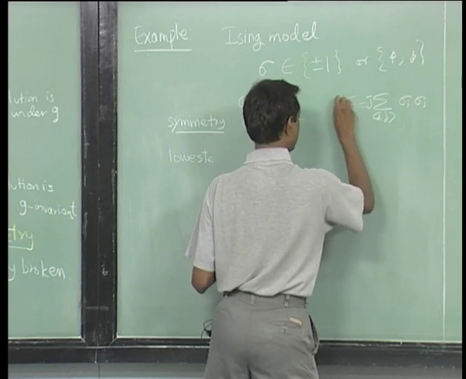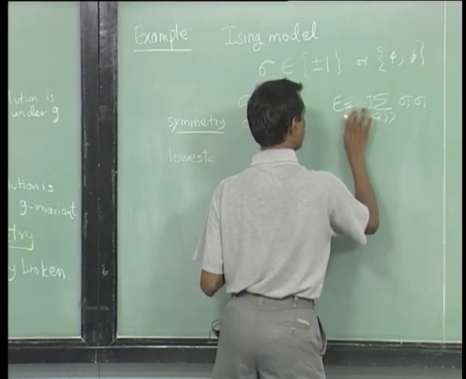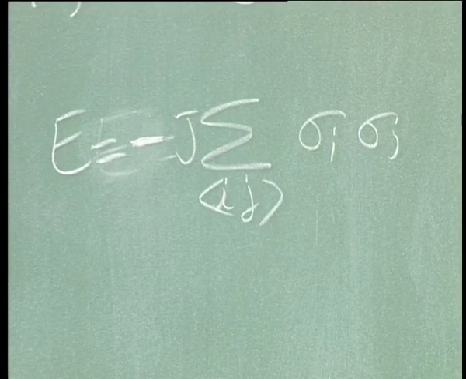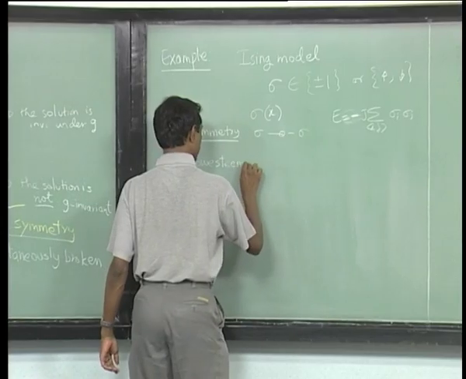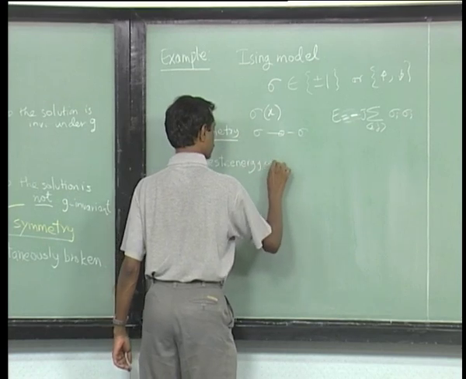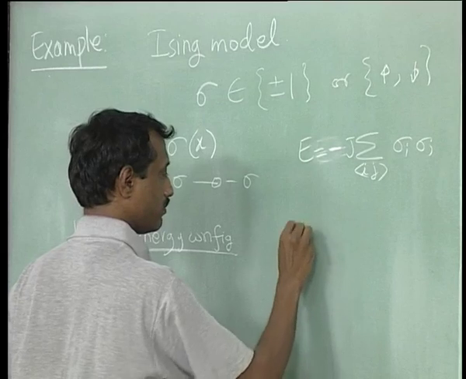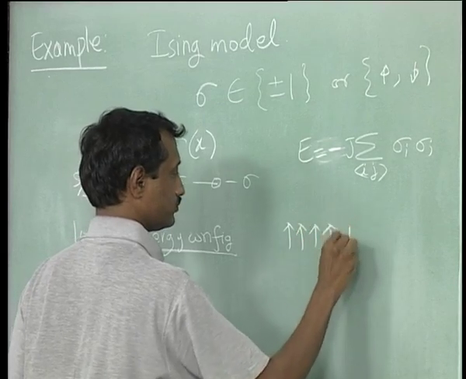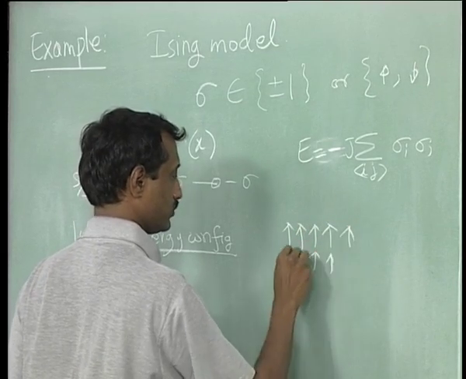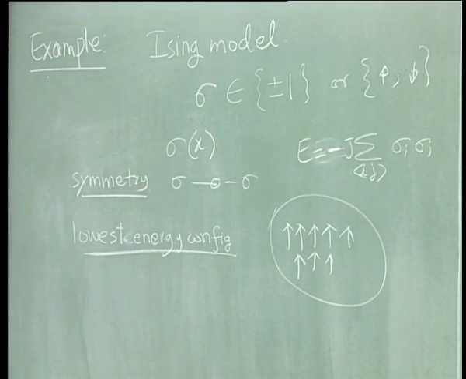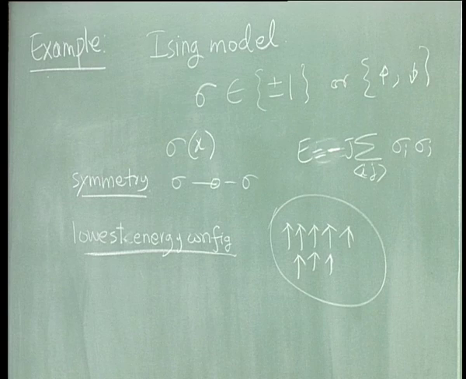I should put a minus sign so that parallel spins become the lowest energy configurations, which is to have all of them lined up in some domain. But this is not unique, there exists another with exactly the same energy.